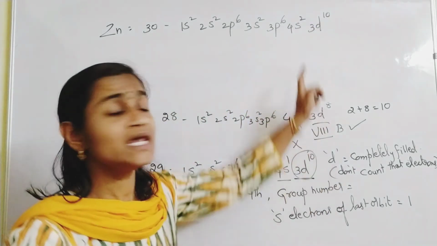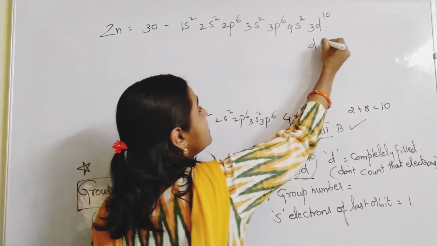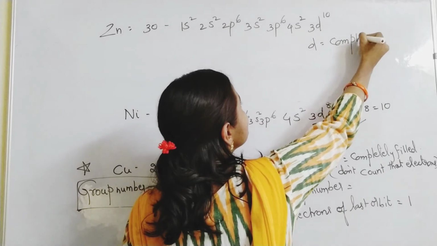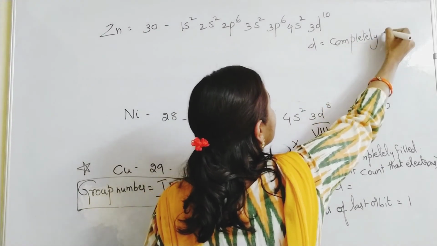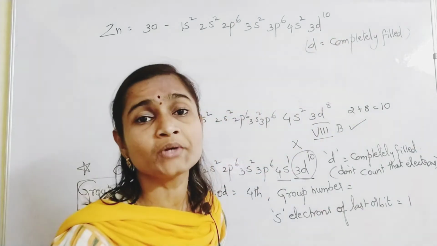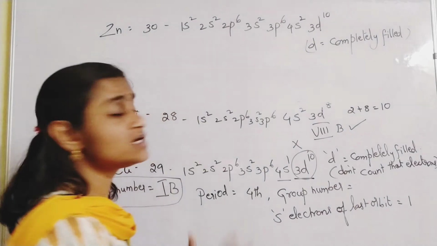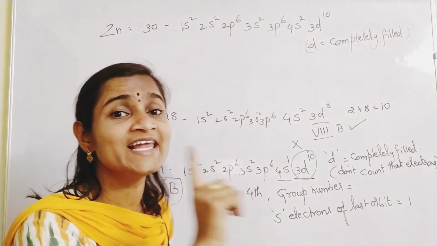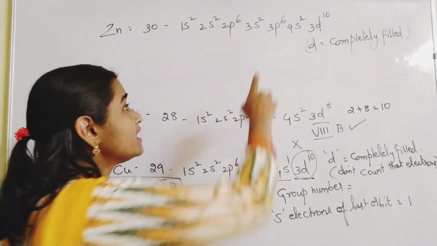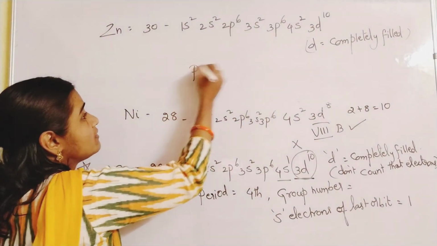Here also d is completely filled. The d orbital capacity is 10 electrons, and all 10 electrons are filled. So don't count them. Count only the s electrons of the last orbit, which are 2 here. The period number is 4.